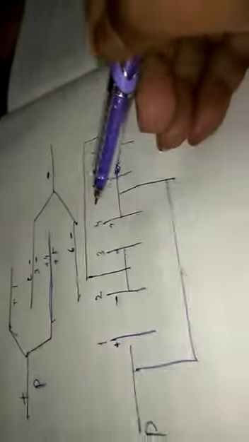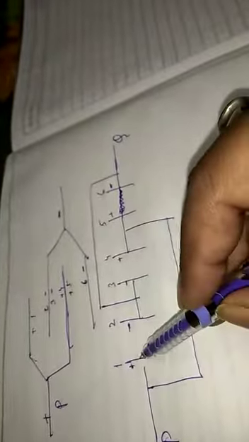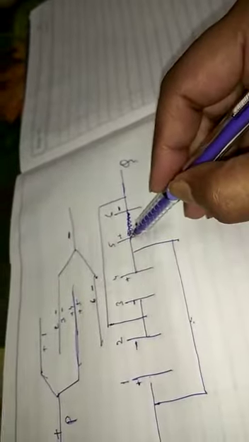Now from point P you can see 3 plates are coming from point P, 1, 4 and 5. P is connected to 1, connected to 4 and connected to 5.